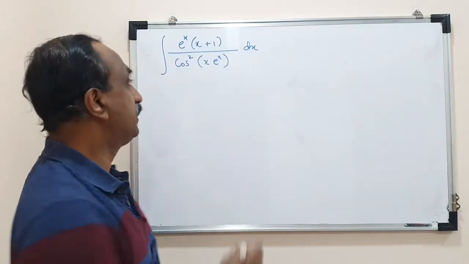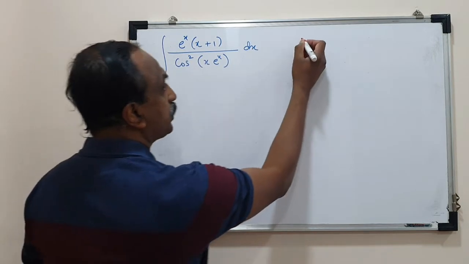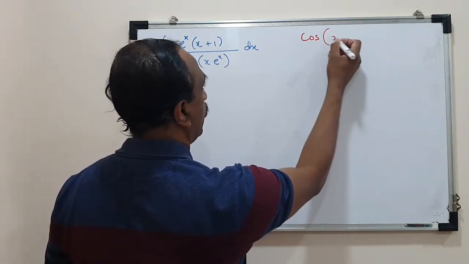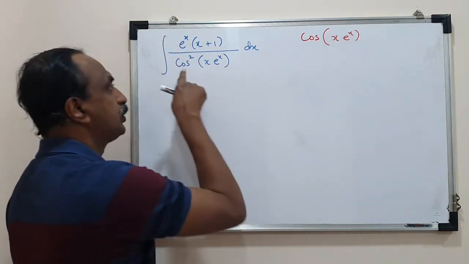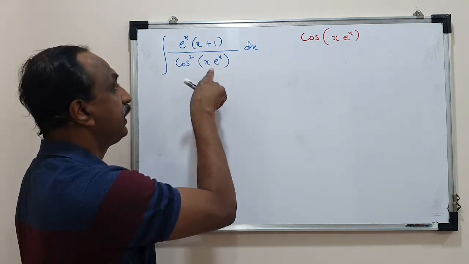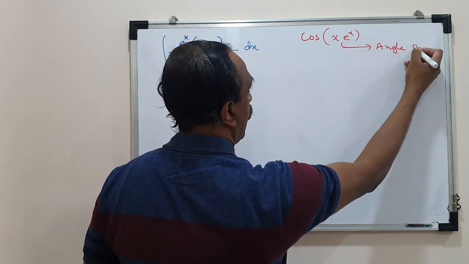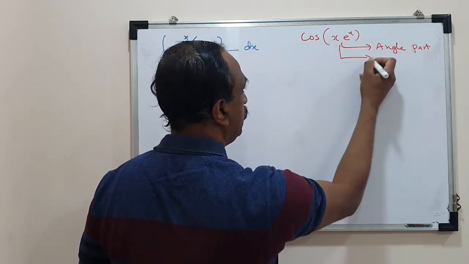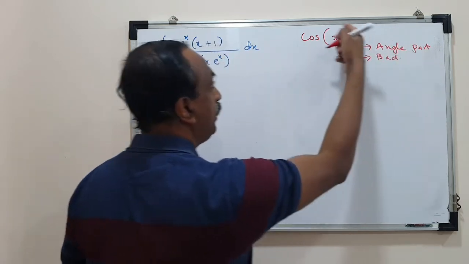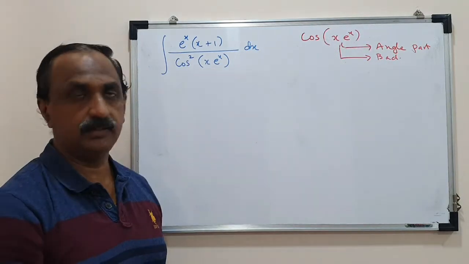What is the angle part in this particular function? The function is cos of x e raised to x. So the trigonometric function is cos, and the angle part is x e raised to x. And it is a bad angle. Why is it a bad angle? Because the angle of cos is not linear.